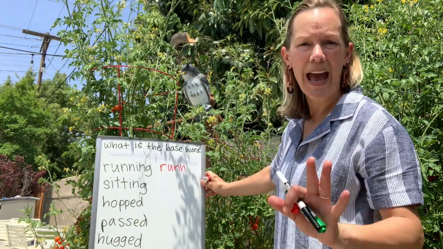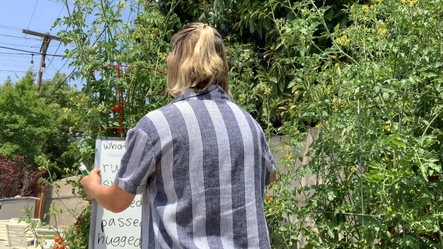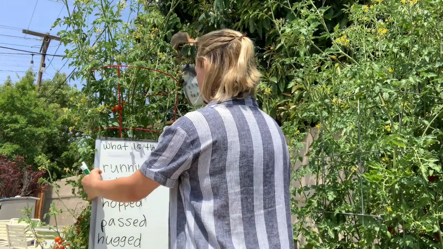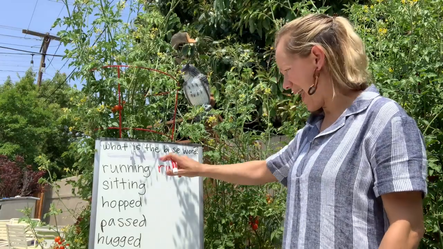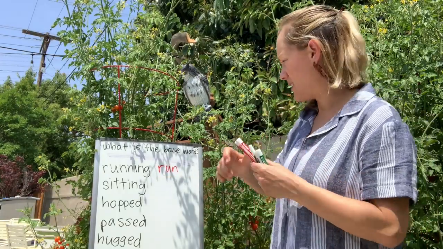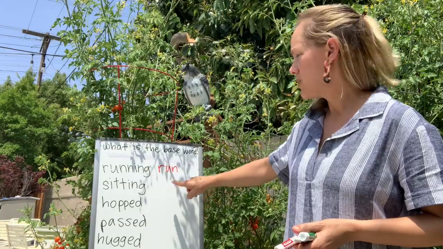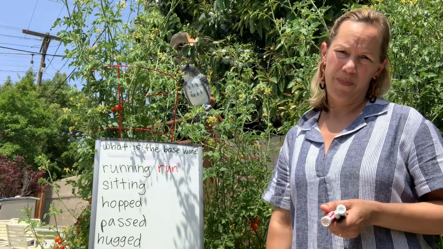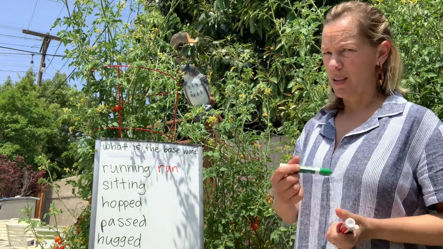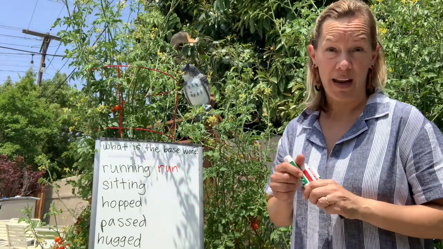We have to write just R-U-N because this is short vowel consonant, so we doubled it and put the ing on. Remember? That's a clue.